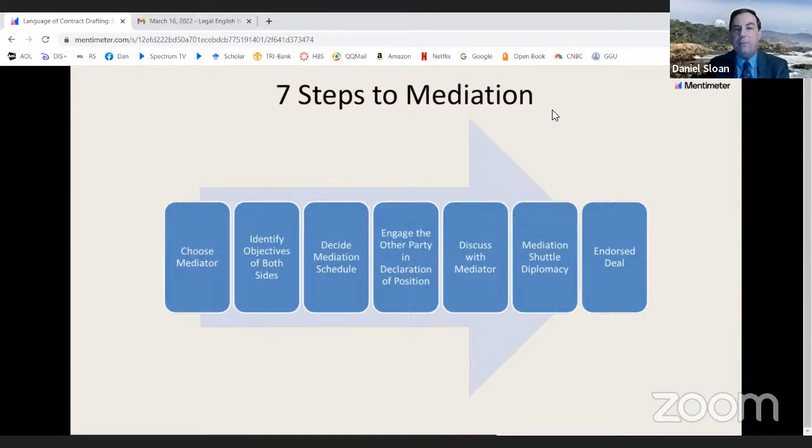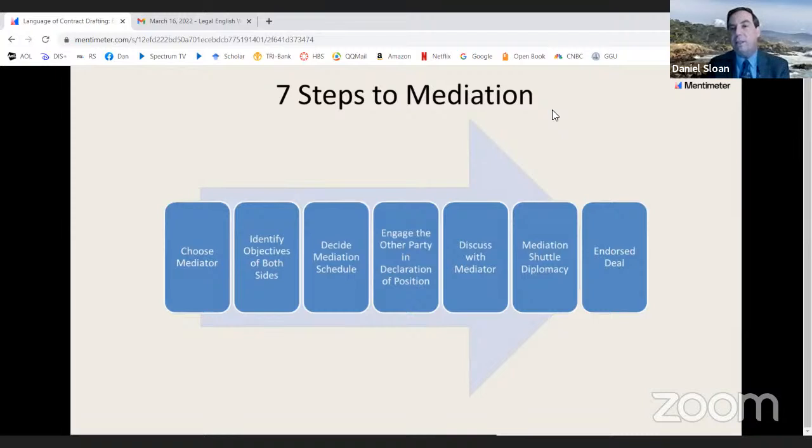Engage the other party in a declaration of position, and discuss with the mediator. Once we have everything out on the table, the mediator can then shuttle between the two to try to find a resolution.